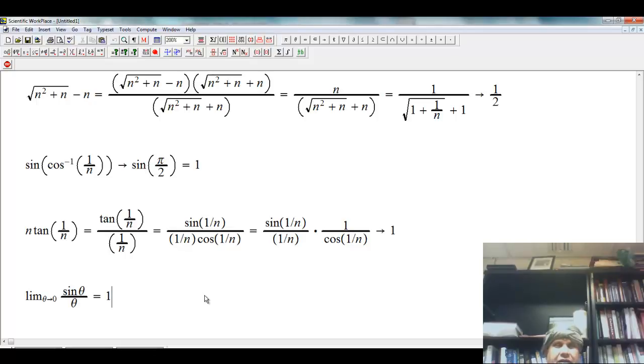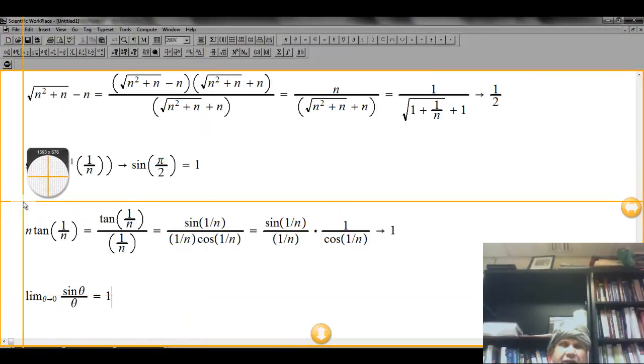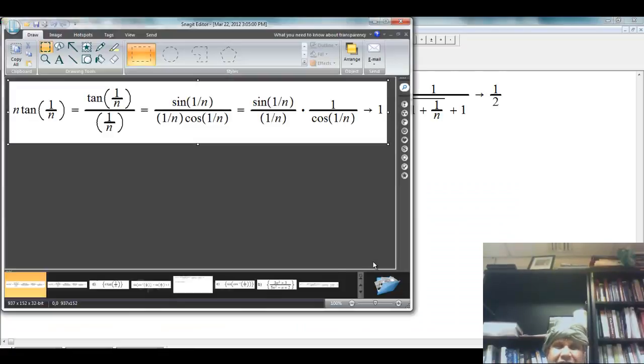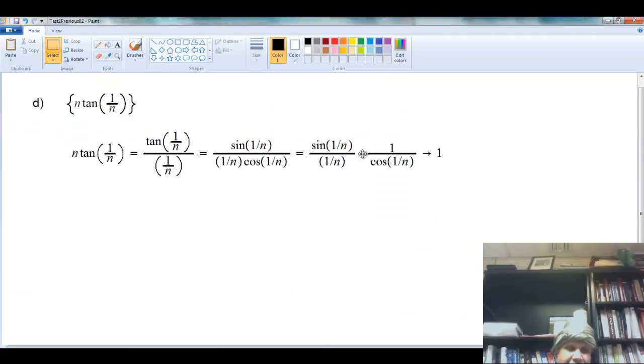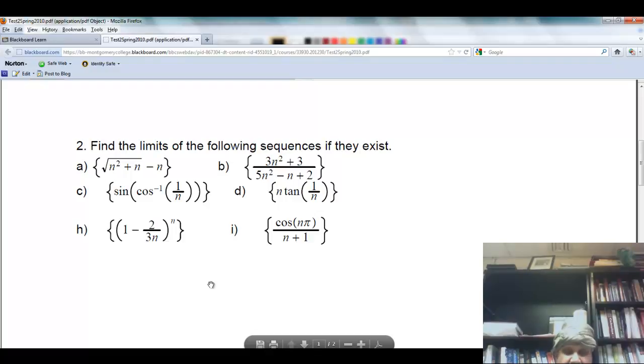Remember that limit? That's one of the standard results: sine theta over theta equals 1 as theta goes to 0.